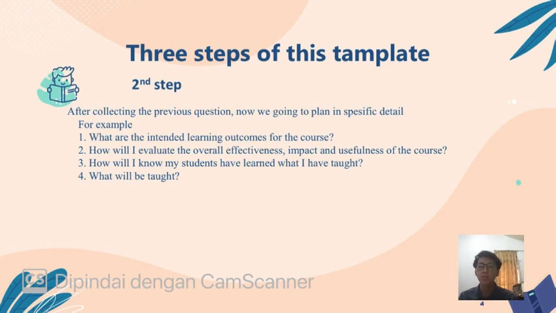The second question is, how will I evaluate the overall effectiveness, impact, and usefulness of the course? Number three, how will I know my students have learned what I have taught? Here, the teacher will collect the evidence that their students have achieved the goal of the course.